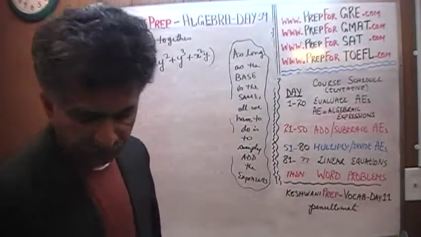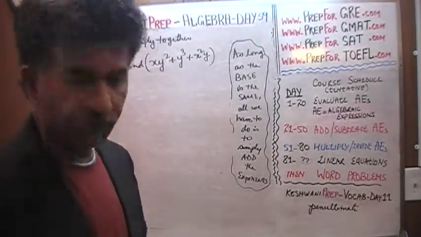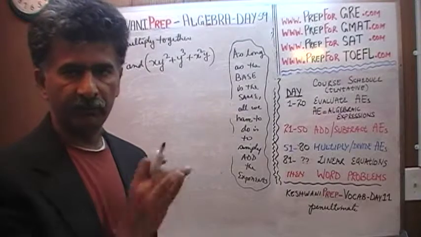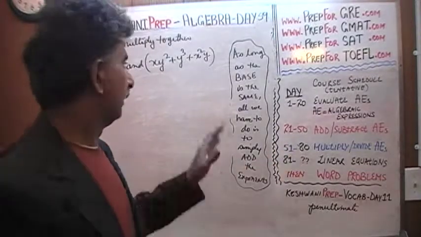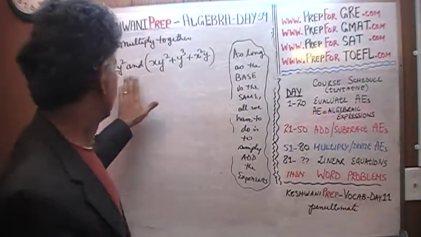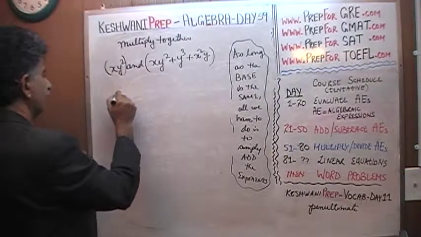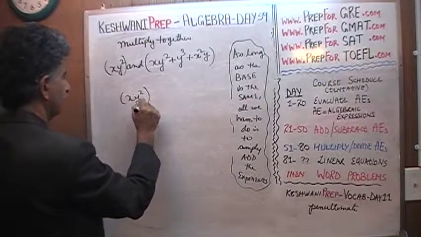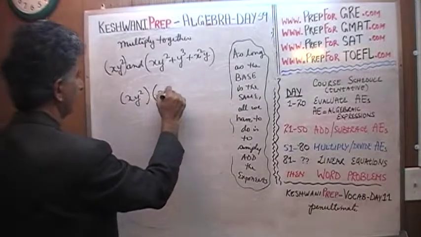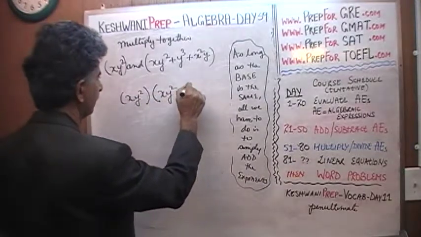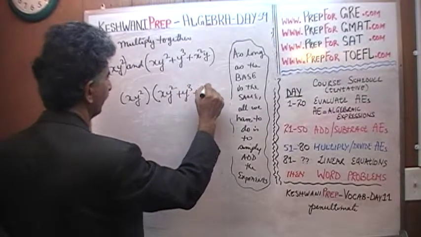So the second expression has 3 terms as opposed to just 1 term. Before, both expressions had 1 term each and we just had to multiply the two. Here the second expression has 3 terms. This one has 1 term. So let's do it out. So we have xy squared times xy squared plus y cubed plus x squared y.